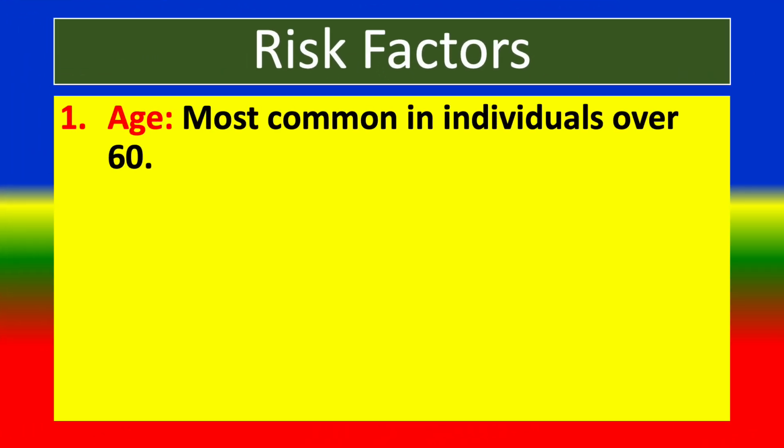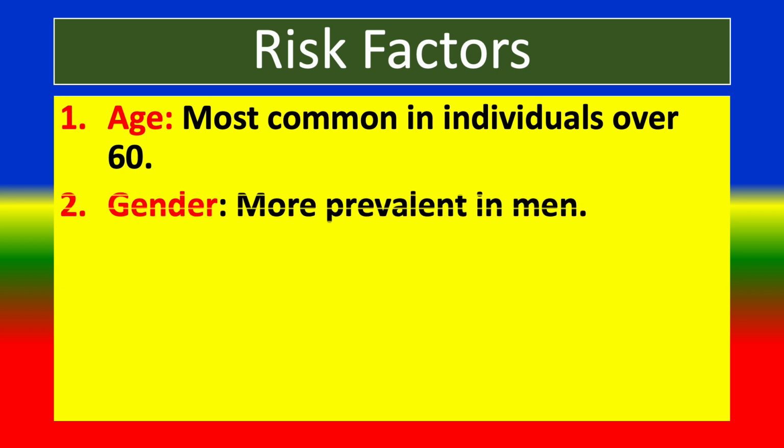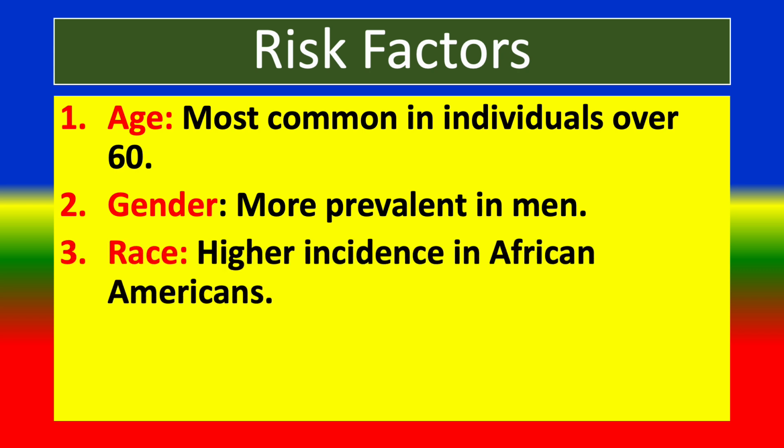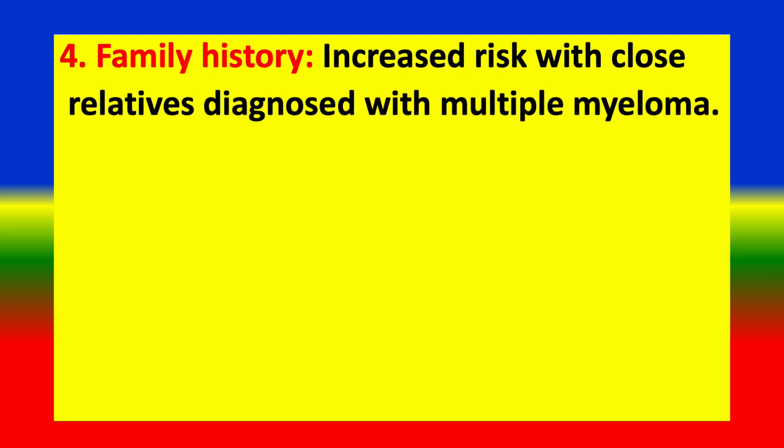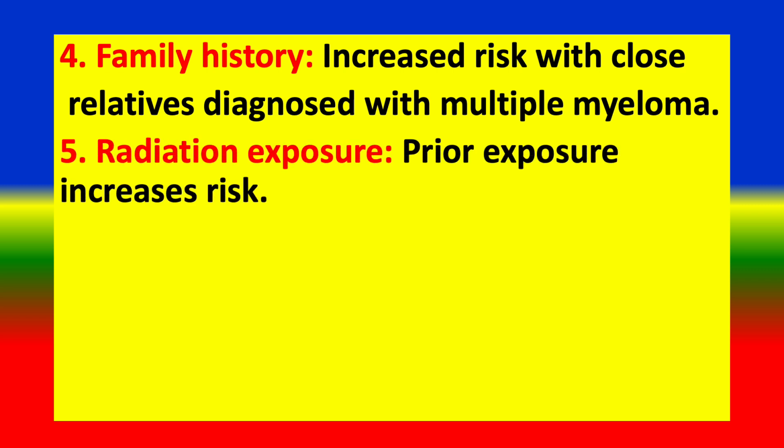Risk factors. 1. Age, most common in individuals over 60. 2. Gender, more prevalent in men. 3. Race, higher incidence in African Americans. 4. Family history, increased risk with close relatives diagnosed with multiple myeloma. 5.